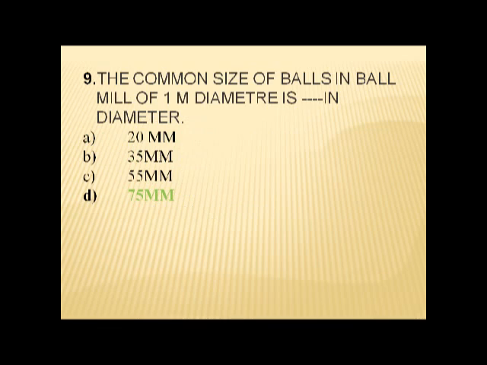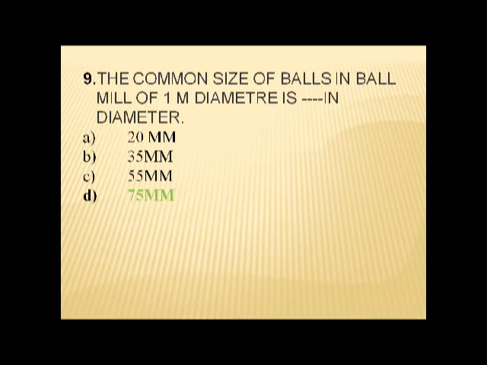Next, question number 9: the common size of balls in a ball mill of 1 meter diameter is dash in diameter. For a ball mill of 1 meter diameter, what is the common size of the balls used?